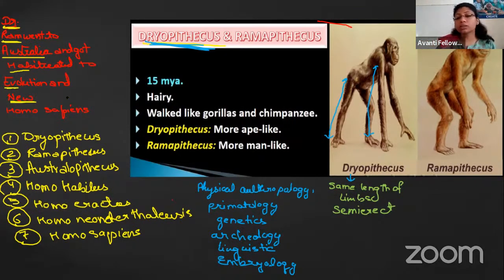So this Dryopithecus was also walking on the knuckles. So we can say they are knuckle walkers. Here it is written now, they walk like gorilla and chimpanzee, so they also walk on their knuckles. So we can say they are closely related to the gorillas and chimpanzees.